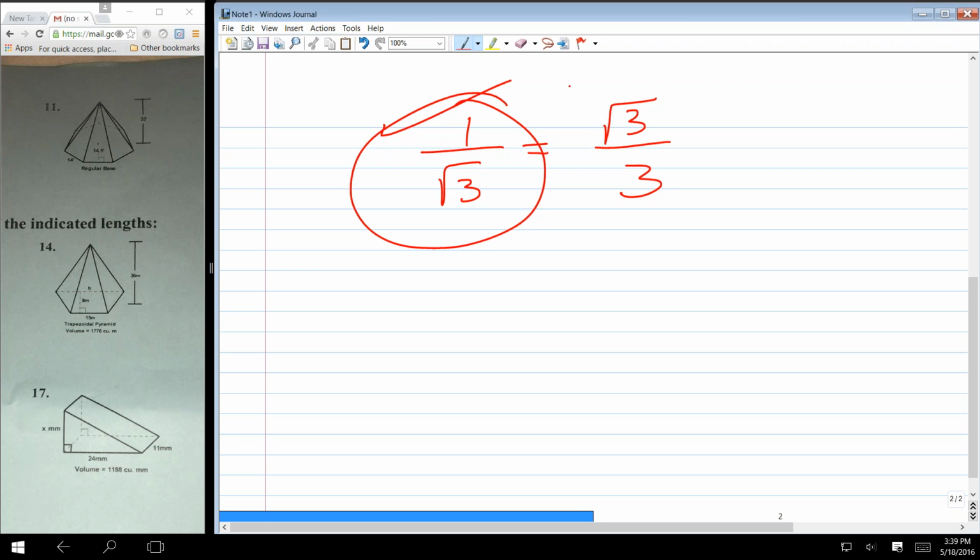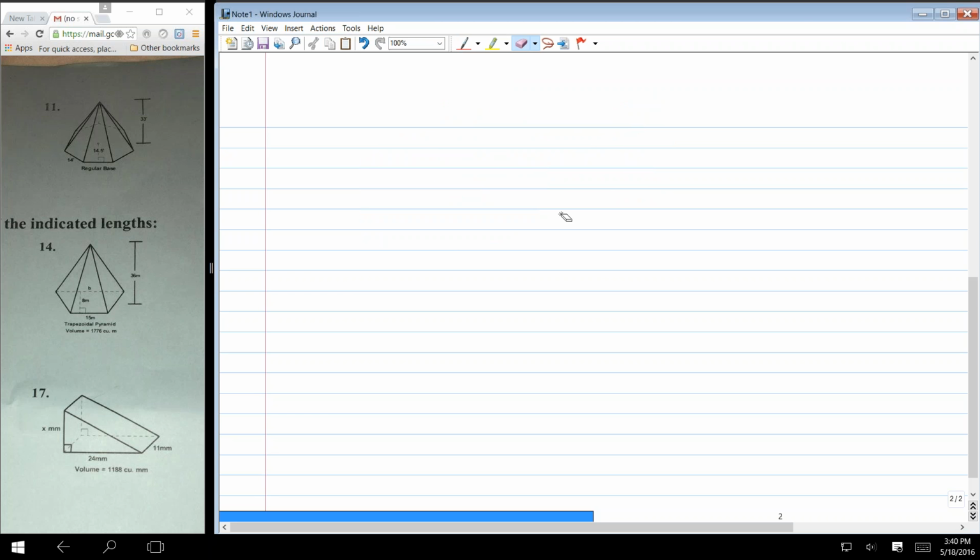Well, okay, maybe I explained that wrong. Then if I have root 52, and the answer ends up being that. So we're simplifying.